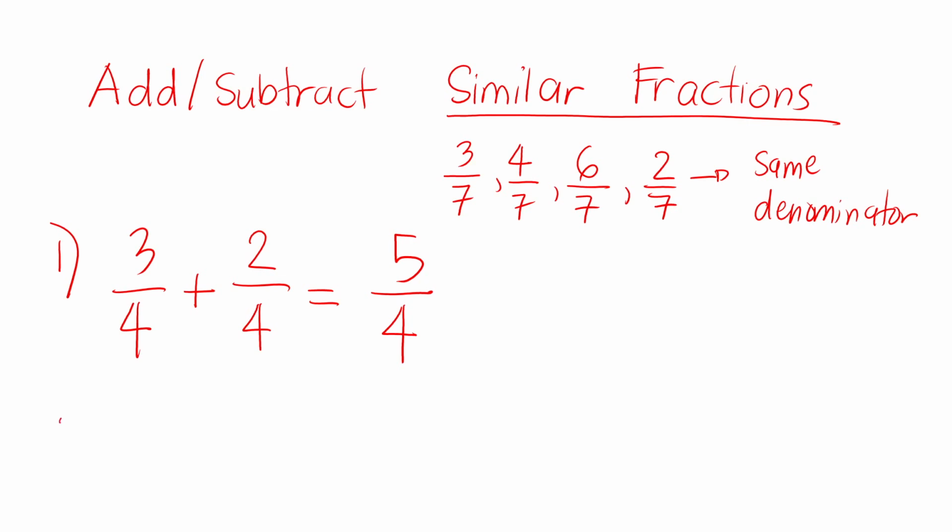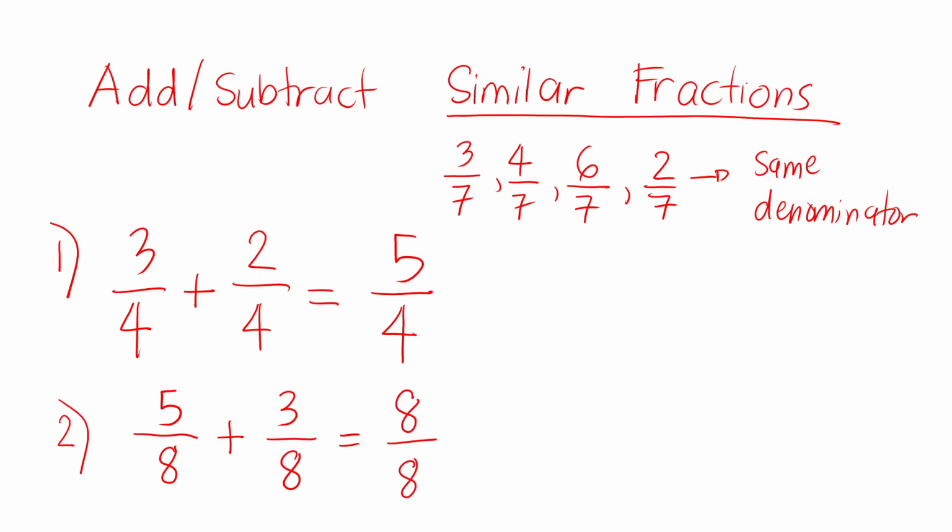Let's move on to example number 2: 5 over 8 plus 3 over 8. You add the numerators. 8. And what is 8 over 8? Very good. If something can be simplified, simplify it. 8 over 8 is equal to 1.